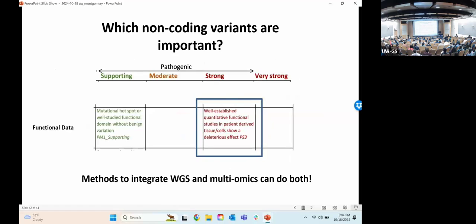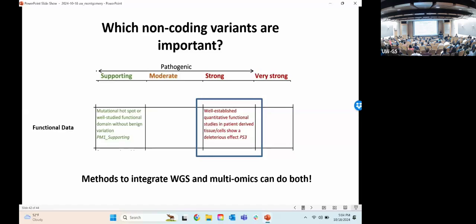So just to leave with, what non-coding variants are important. Obviously, we want to get to the place where sequence-based models can do a great job of providing predictions of impactful variants that we can use in clinical settings. However, we're still going to need functional systems that actually show the impact of those predictions.